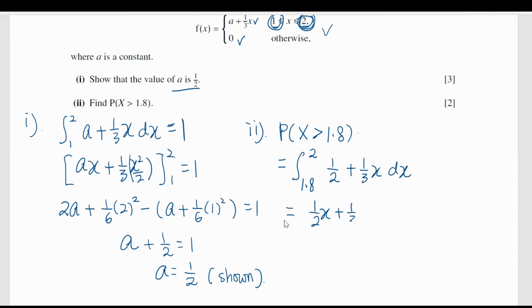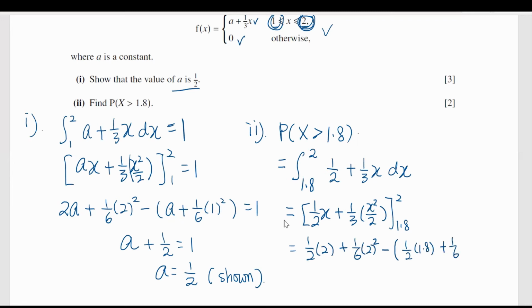So, do the calculations now. Right, so just calculate the value.